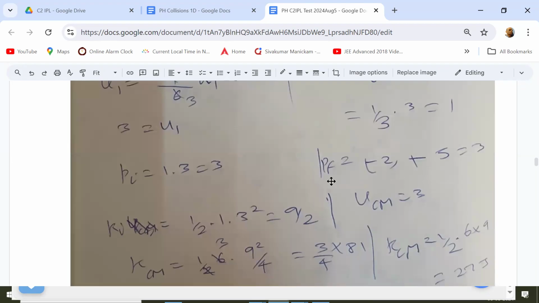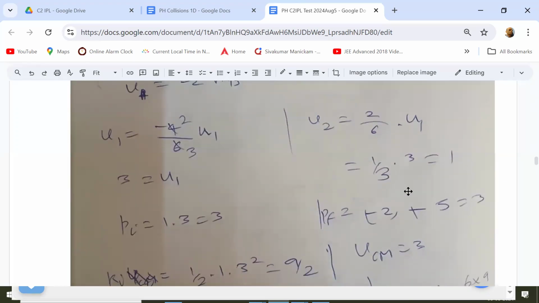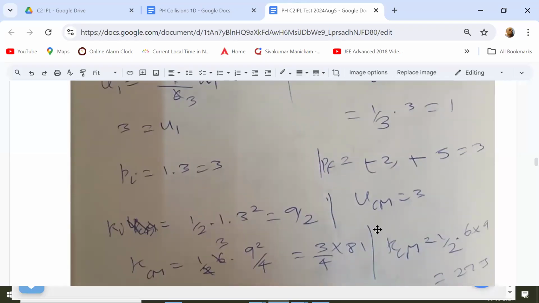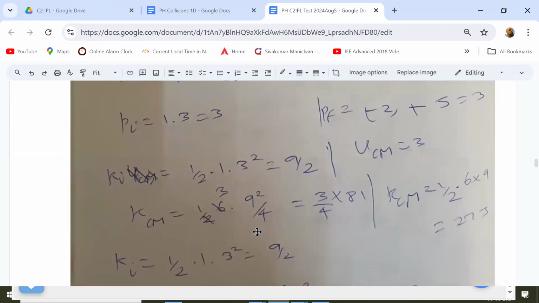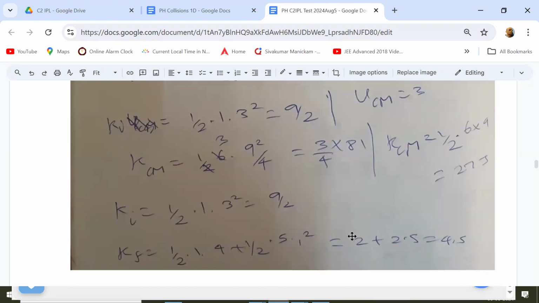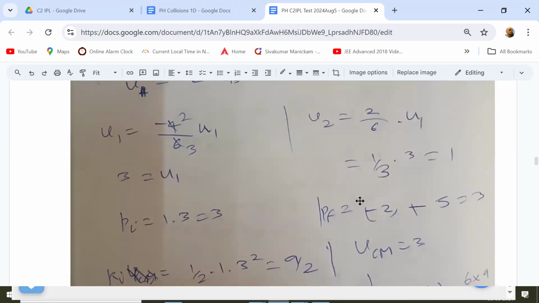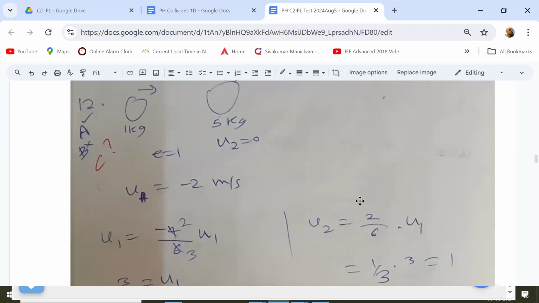Right, I'm making some mistake. Here I calculated the final momentum, -2 into 1 plus 5 into 1, just the final momentum, right? It's not divided by total mass. So the final momentum is 3. The velocity of center of mass should not change, right? What is the final velocity of center of mass?